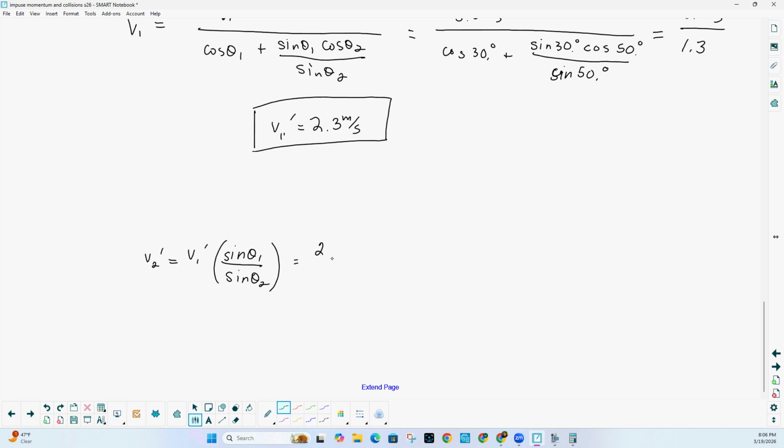Okay, so this is going to be 2.3 meters per second times the sine of 30 degrees divided by the sine of 50 degrees. Let's put that in our calculator.